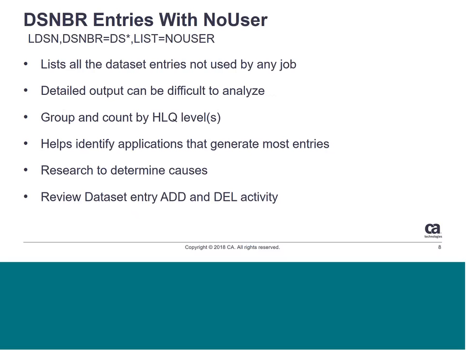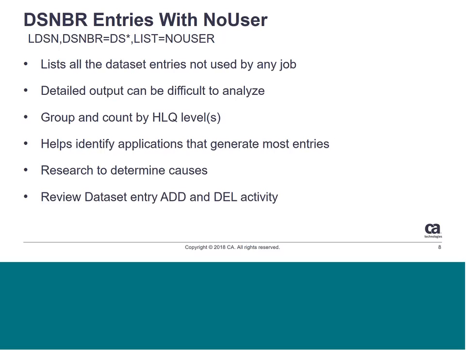So what I try to do is make it more understandable by grouping and counting by high-level qualifier and so on. And when the graph is generated, it says how many levels of qualifier do you want to group it by, and what's the minimum number of entries you want to display.